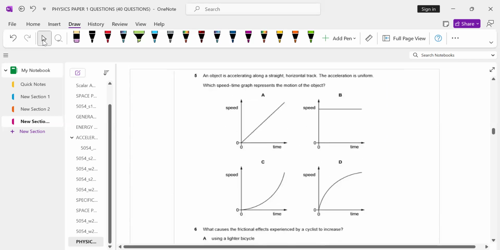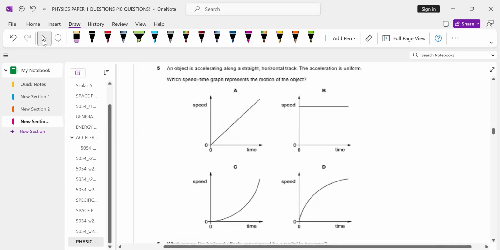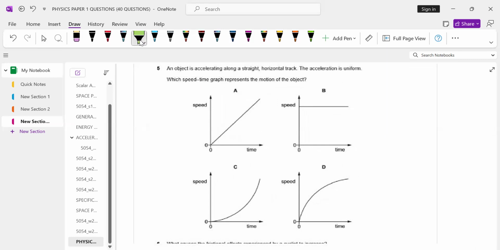Then question number 19. An object is accelerating along a straight horizontal track and the acceleration is uniform. Remember, the acceleration is uniform. For P1 in all subjects, you need to read the MCQ questions twice to understand them, and if you are reading it once, you should read it carefully and underline the main points or the key points of the question, such as that the acceleration along the straight horizontal track is uniform.